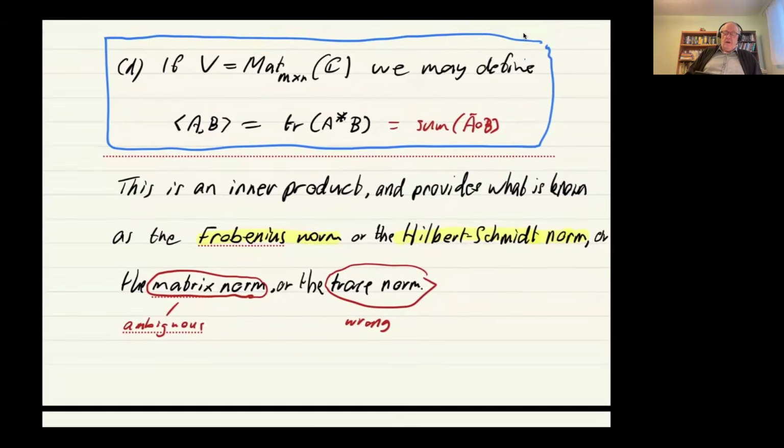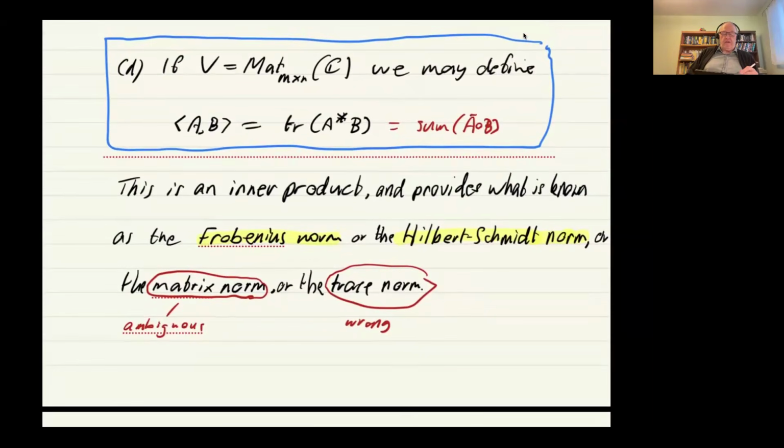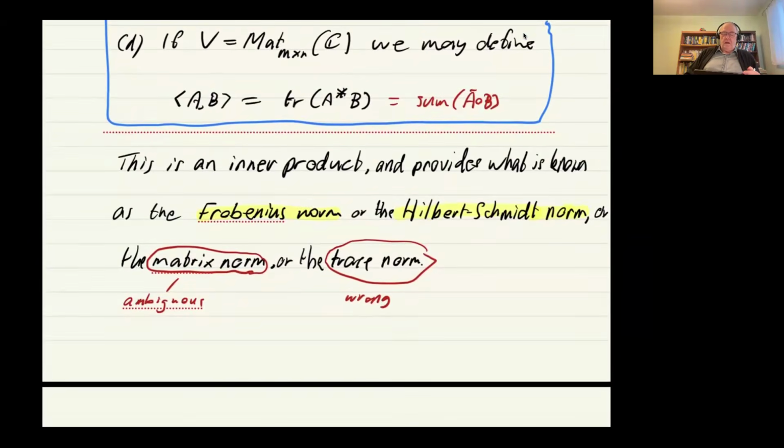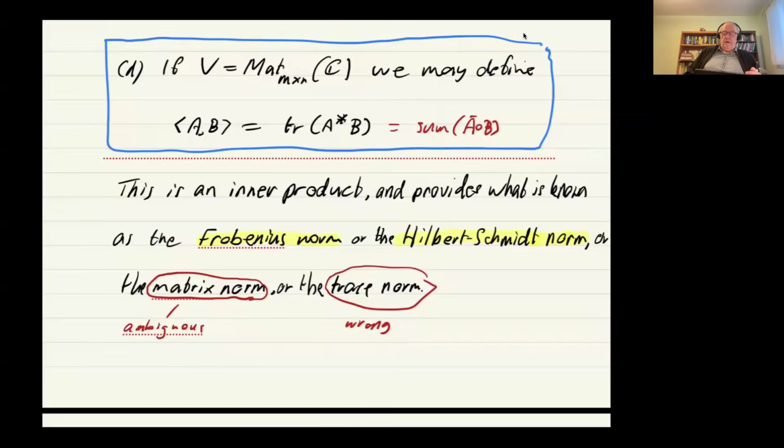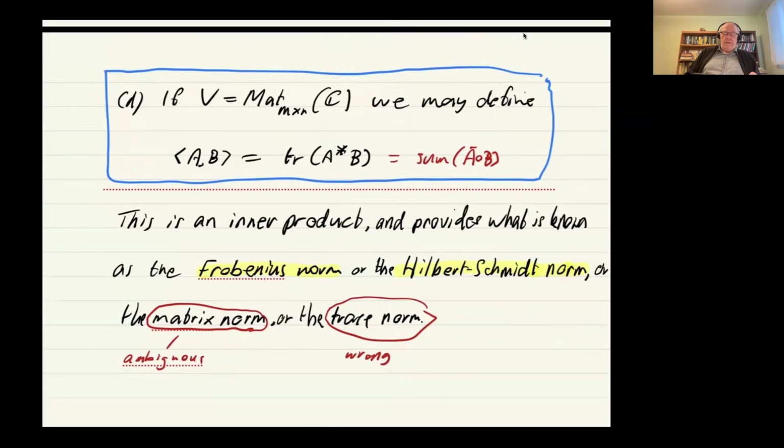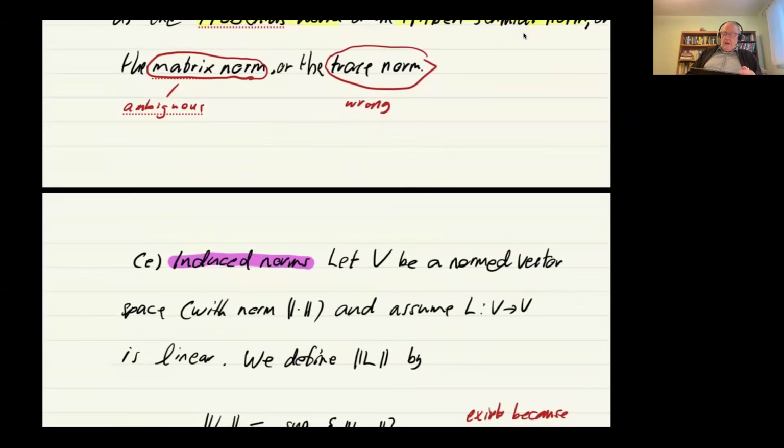Anyway, the important thing is that if I'm talking about norms of matrices, where you see an inner product of matrices, this is what I mean. Generally speaking, we'll work with that. Notice that the norm of the identity matrix would be square root of n. I'll come back to that in a bit.